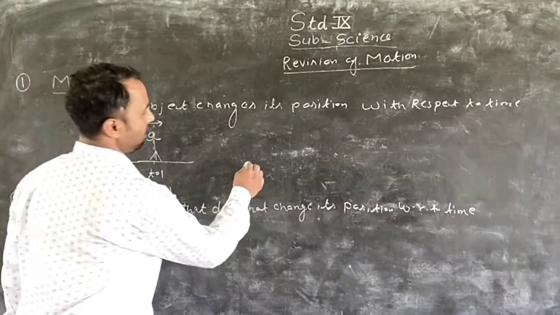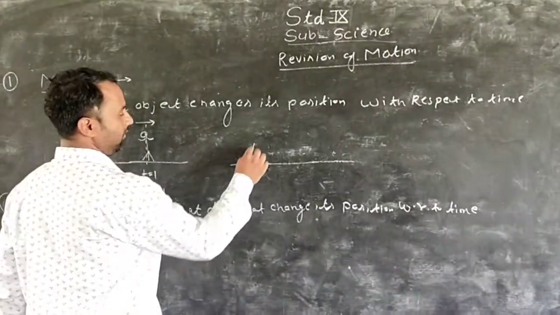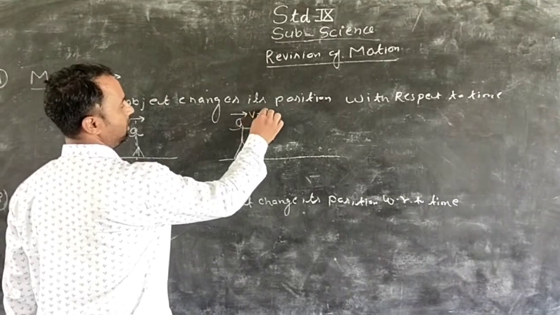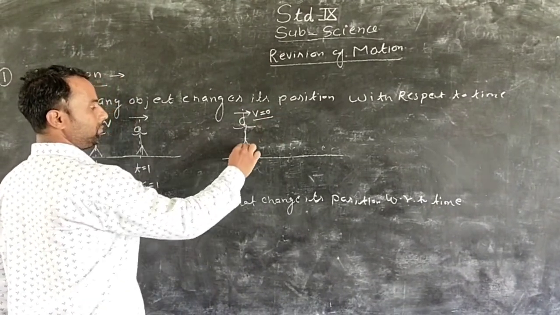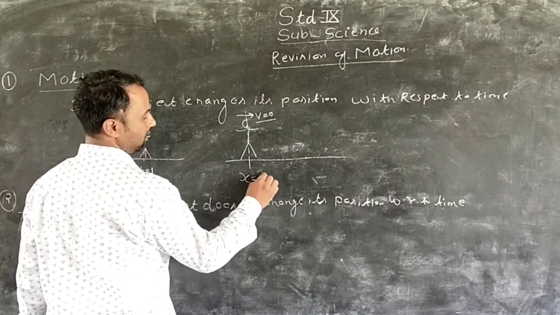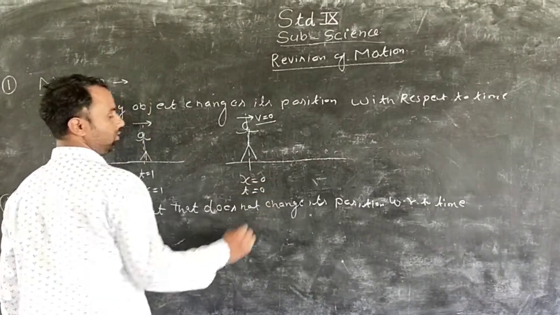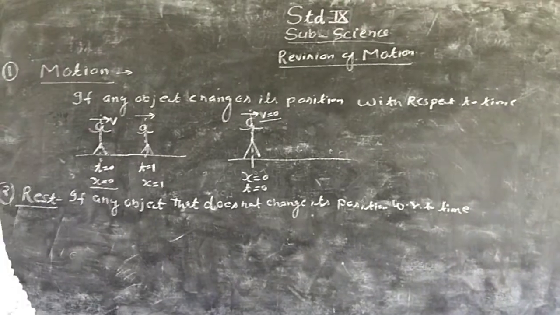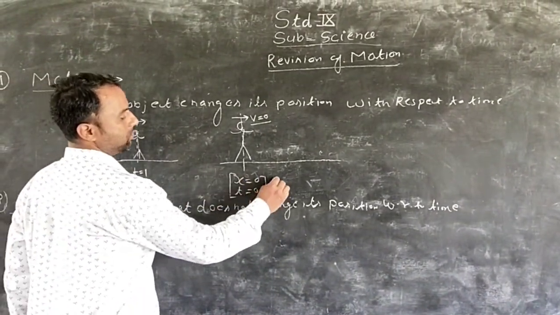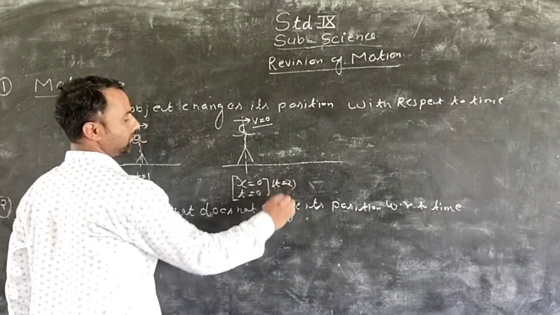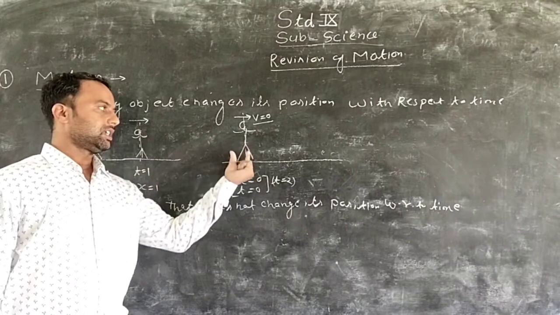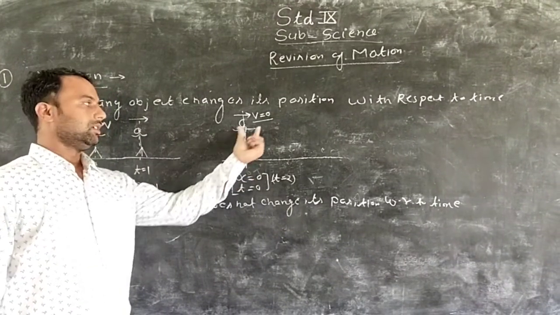So let us see the rest condition here. If we are standing here and our velocity is 0, we are simply sitting here at x equal to 0 at t equal to 0. After some interval of time, suppose t equal to 2 seconds, we are still standing here because we have no velocity.